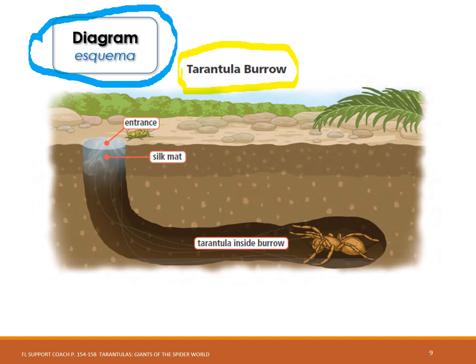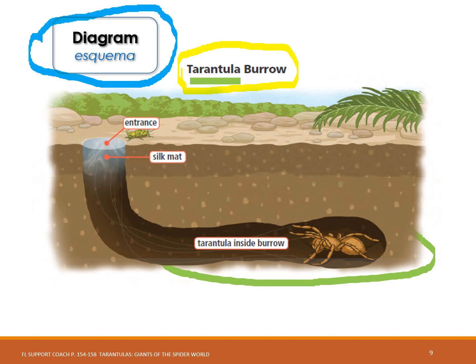We see our topic. Again, the topic that we're working with is tarantulas. And I actually see a tarantula down here on the diagram. Okay. And so let's see what it says. I have an entrance. Well, an entrance to a room is like a door.